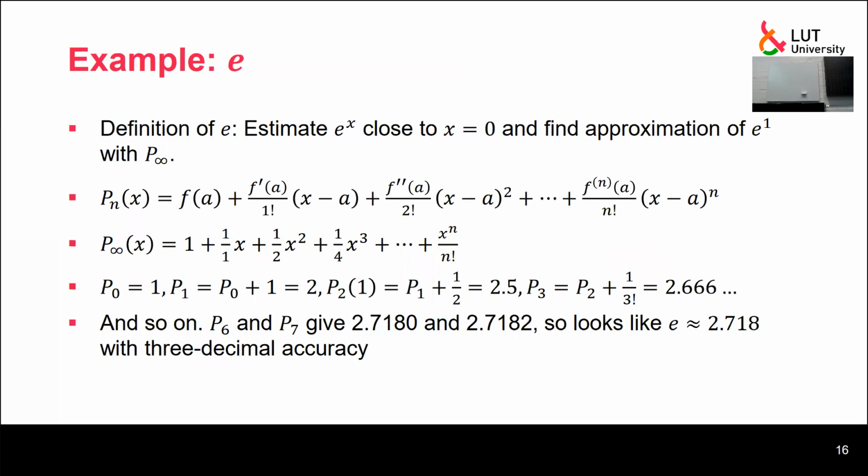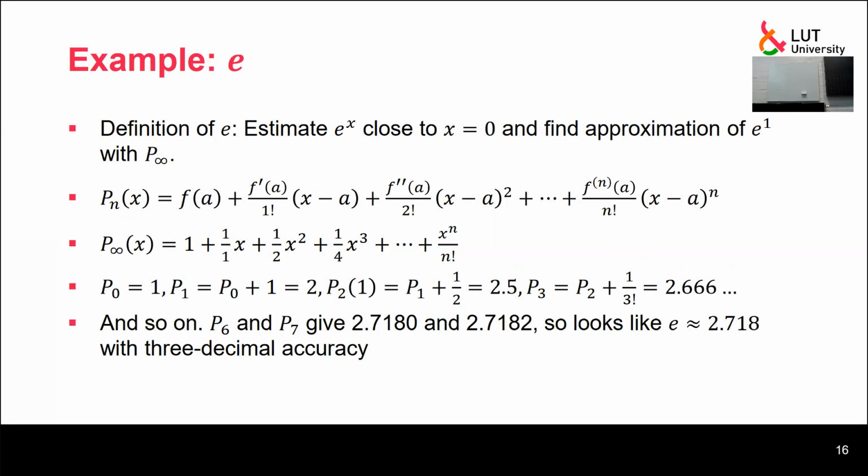For example, if we want to calculate e close to x equals 0, e is a nice example here because the derivatives of e to the x end up being e to the x.